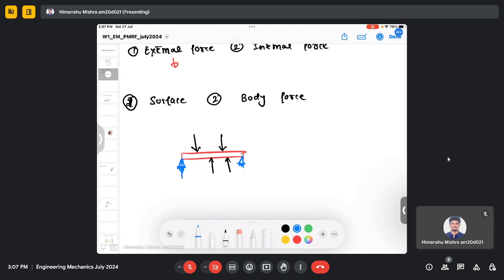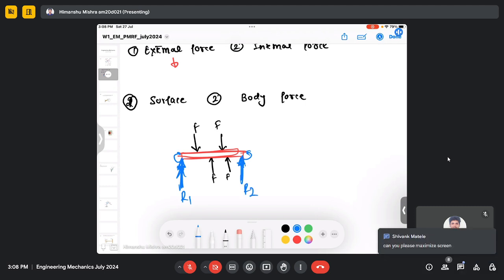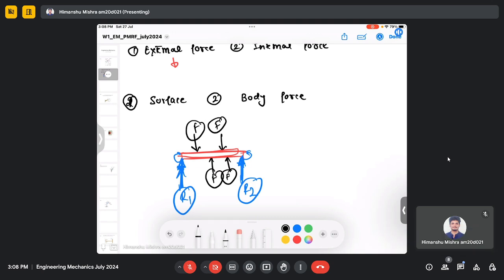For example, if you have an applied force from the outside, which is given in the black color, it will impart a reaction from the hinge to this body. So there will be reactive forces due to the hinge on the bar, and this can be given as R1 and R2. So these reactive forces and these applied forces are the external forces.